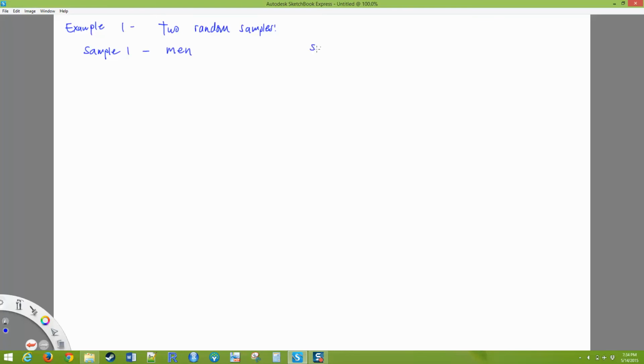Sample 2, some women. Let's say we have a sample of 15 men, so N1 is 15, and N2 is 18 women. We will measure their height.